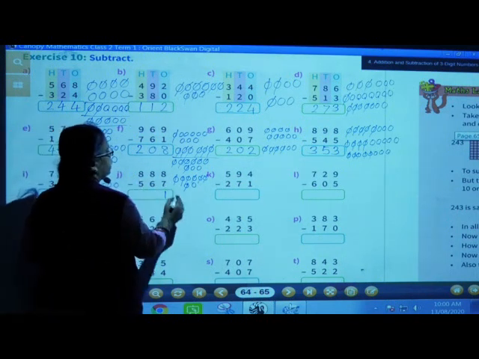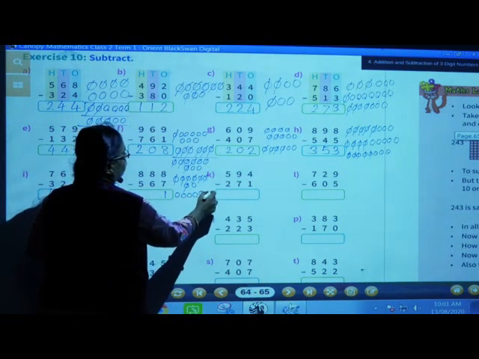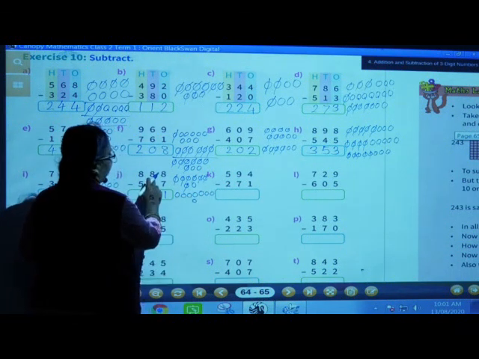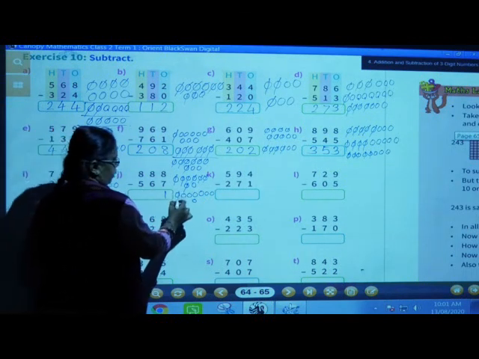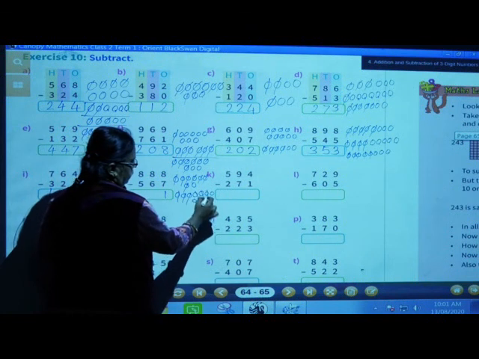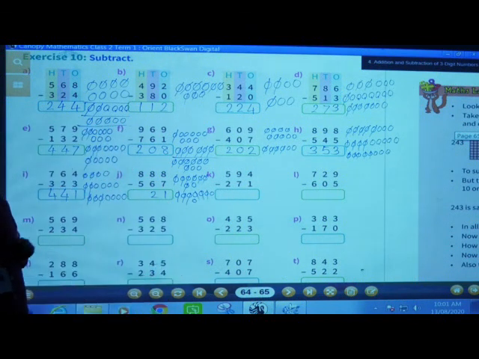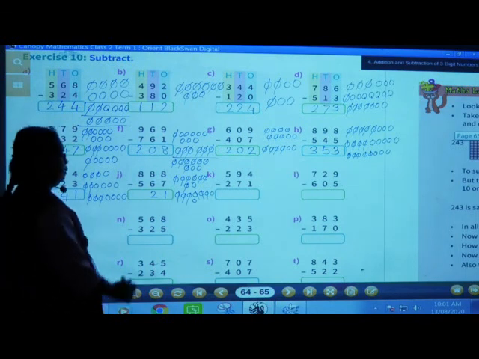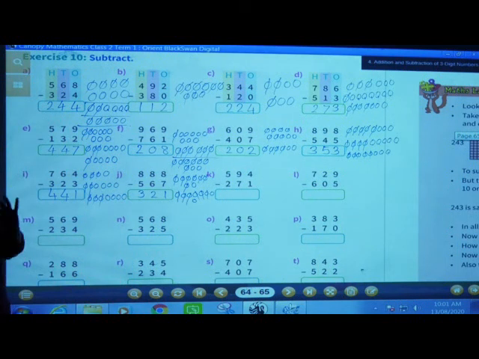Then 8 minus 6. Now you want to cut 6. 2 remain. And 8 minus 5. From 8 when you remove 5, 3 will remain.